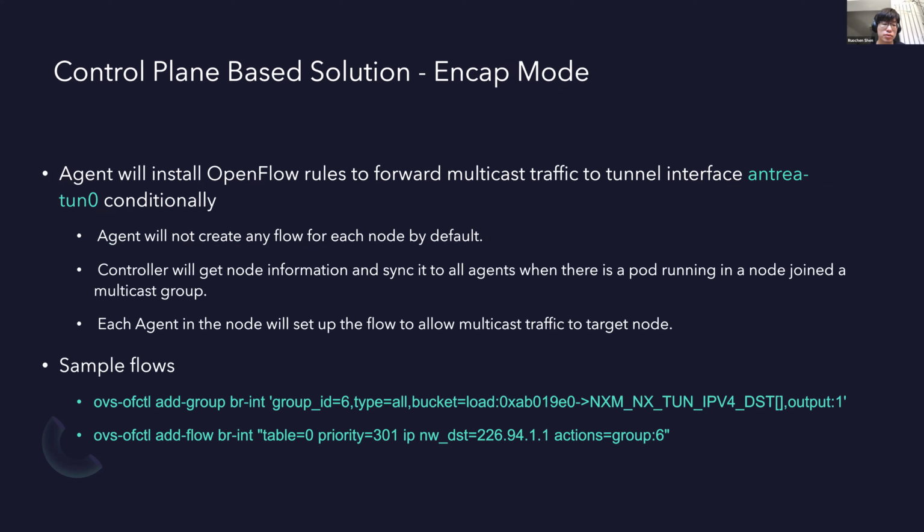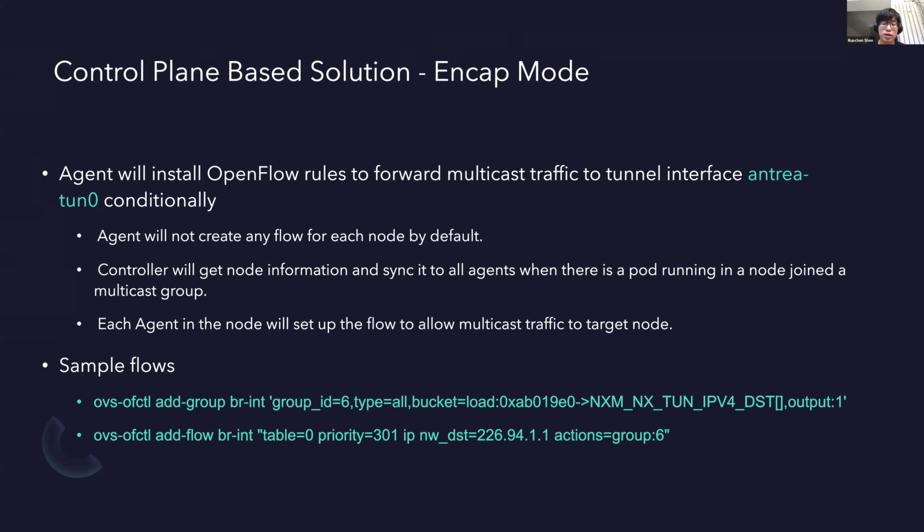When it's in encap mode and the multicast feature is enabled, the agent will install rules to forward the multicast traffic to the tunnel interface conditionally. By default, it will not create any flow for each node.